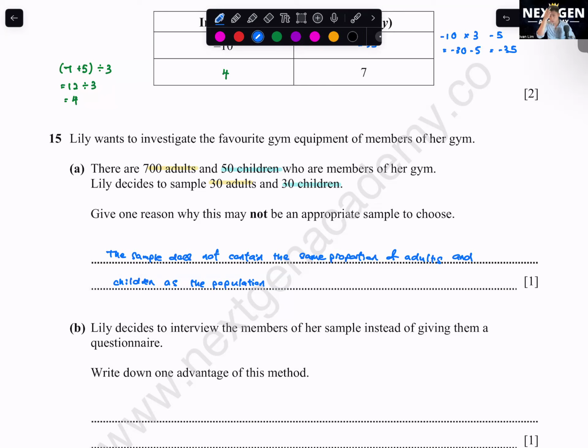What other advantage? If I want to do a survey, I ask you all questions directly rather than just give you a form, then ask you to fill in A, B, C, D or do a rating. Why do you think asking you directly will be better? I can explain the questions also, right?